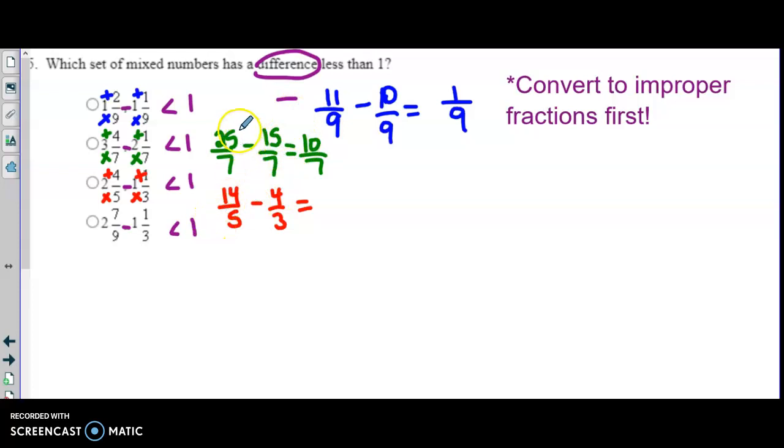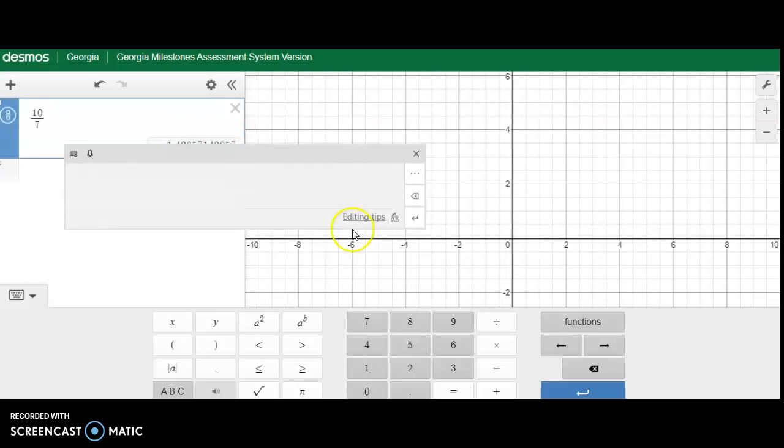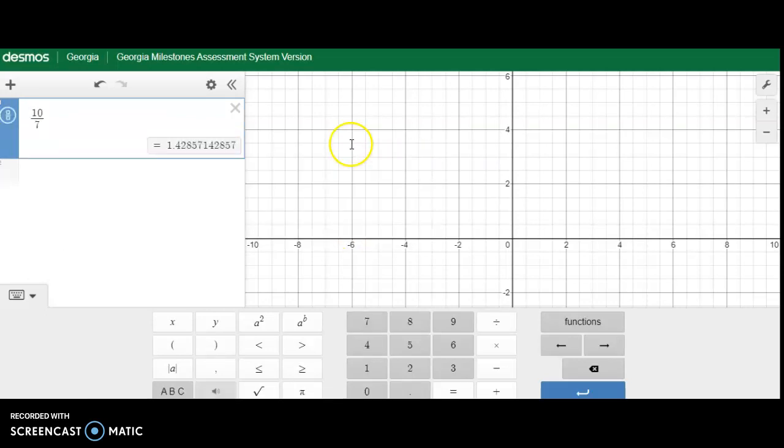I'm going to go ahead and stop right here, though, because I already have one that is less than 1. Now, when I look at my answers, I have 1/9 and 10/7, and you might not automatically know which one's less than 1. So you could go to your calculator, and you could type in 10 divided by 7, and that tells you it's 1.4. That's not less than 1.